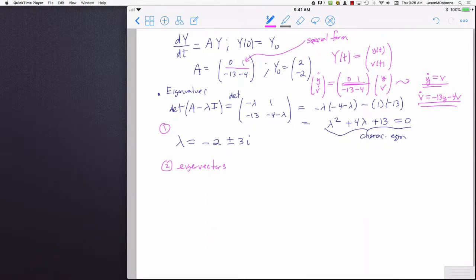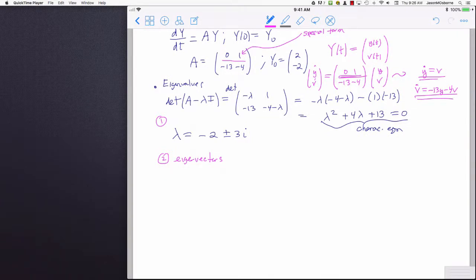We will leave these steps to you, giving you the answers. v1, the eigenvector associated with lambda 1, which is negative 2 plus 3i, is (negative 2 minus 3i, 13). The associated eigenvector v2 and lambda 2 are the conjugates of v1 and lambda 1.